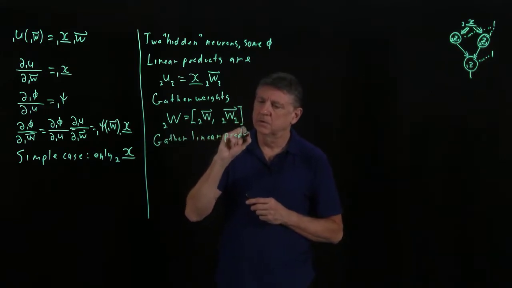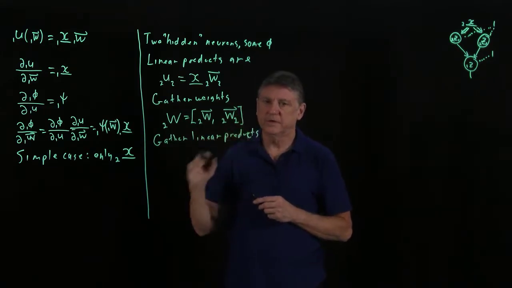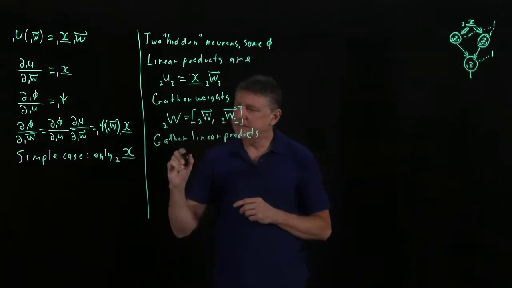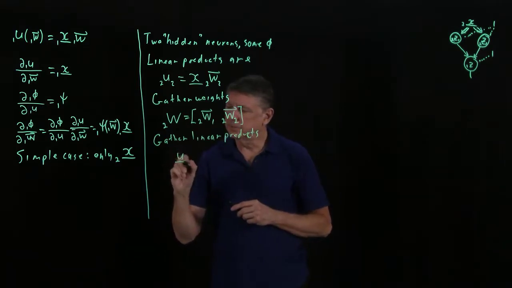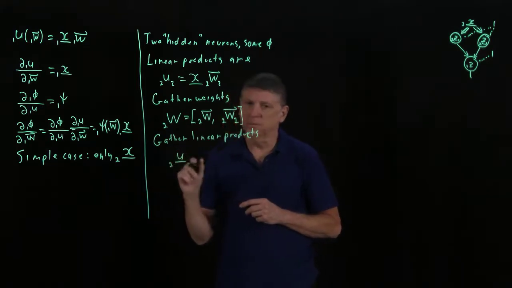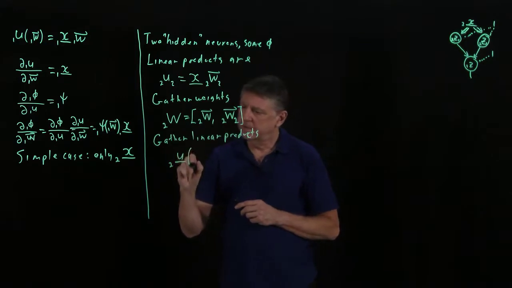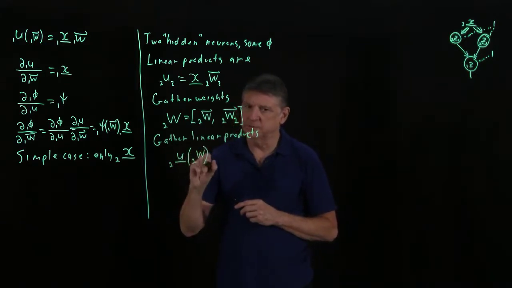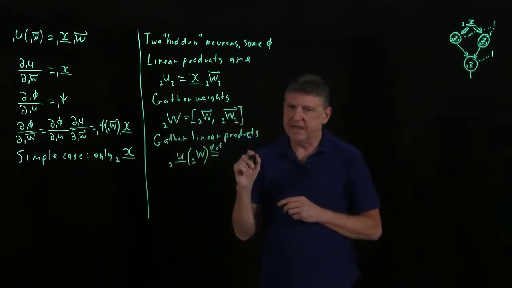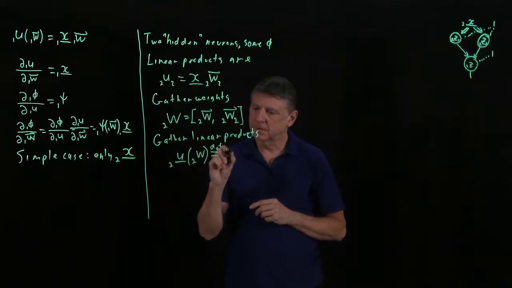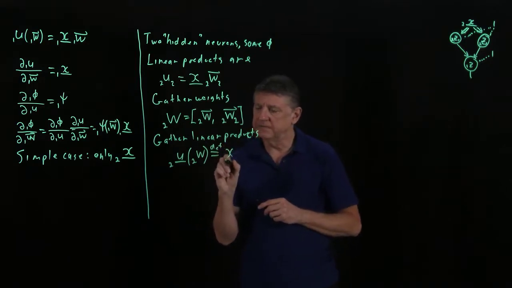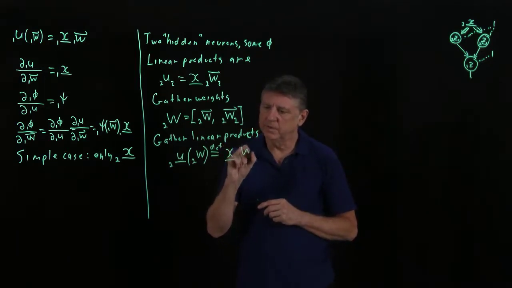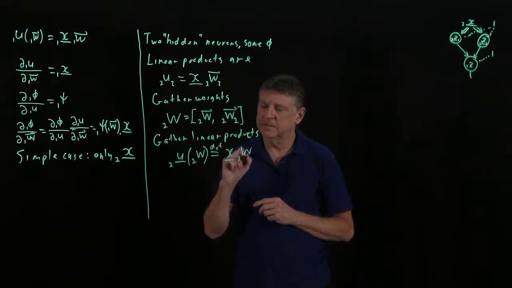And what we can do then is we can say that these linear products, which will be a 1 form, that are a function of the weights for layer 2, we'll define these as the product of the data coming in with this.